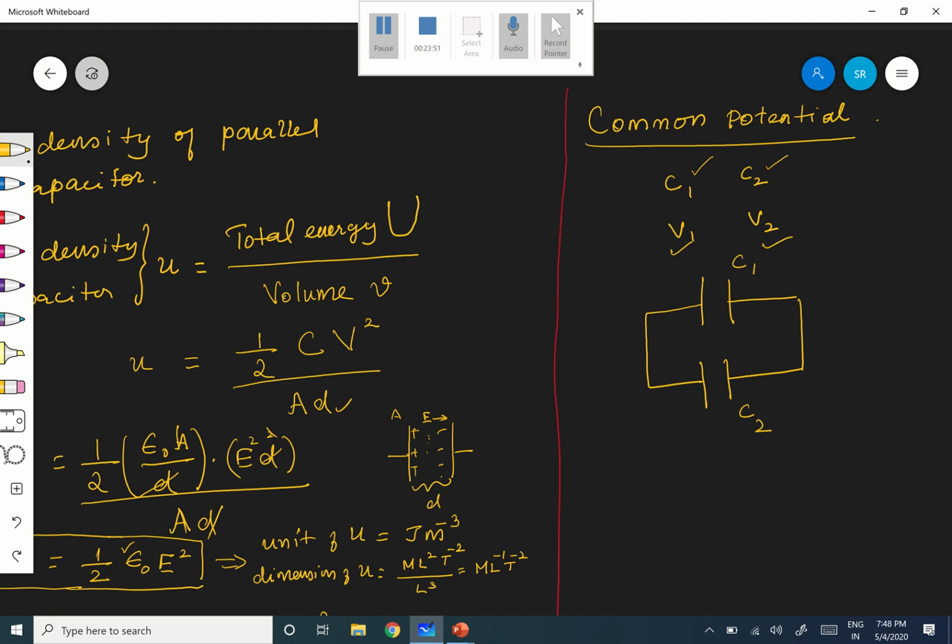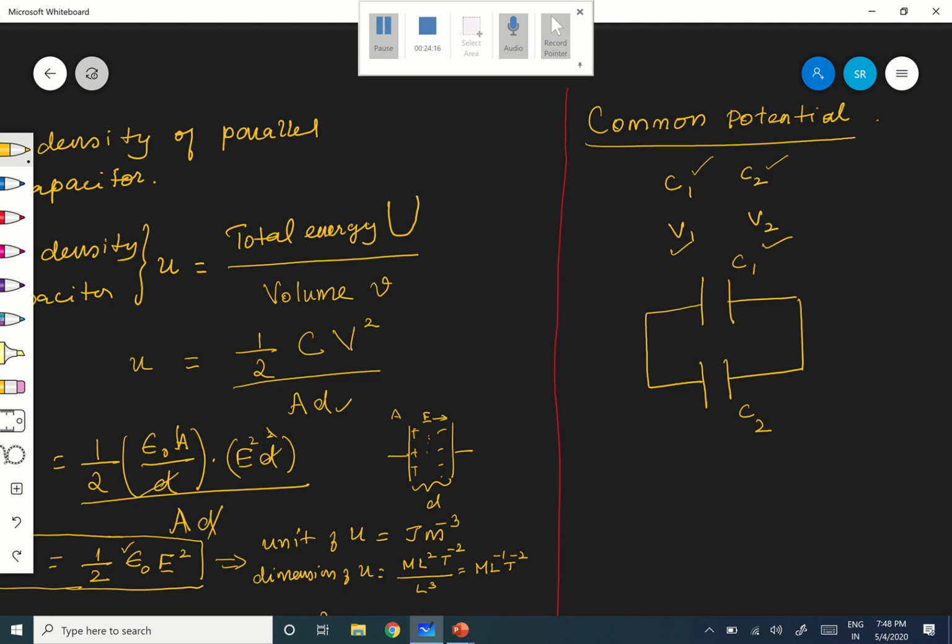That equal potential is what is called common potential. I think you are following. Here there is no net loss of charge. Only charge is being shared between the two capacitors.